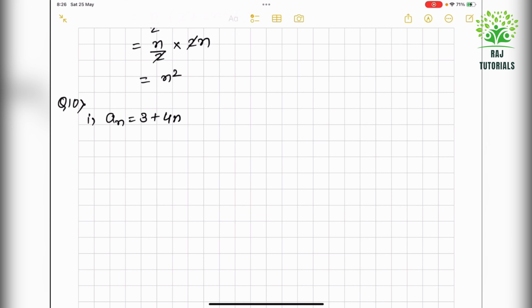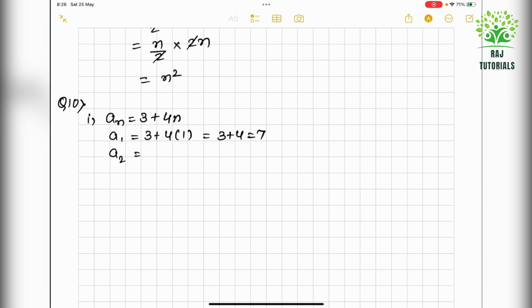Now question 10 says that show that A1, A2 till AN form an AP where AN is defined as AN equal to 3 plus 4n. So see, this is given. Now can I say A1 will be 3 plus 4 into 1, that is 7.